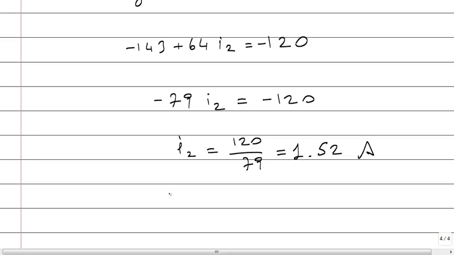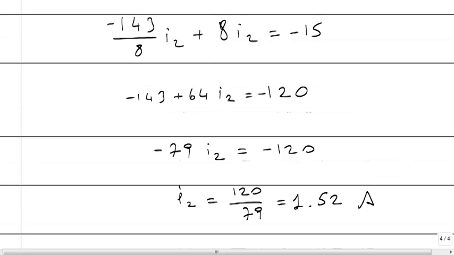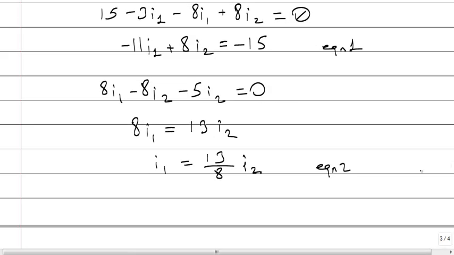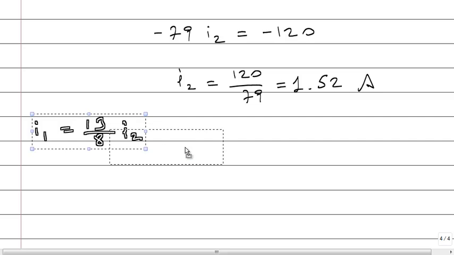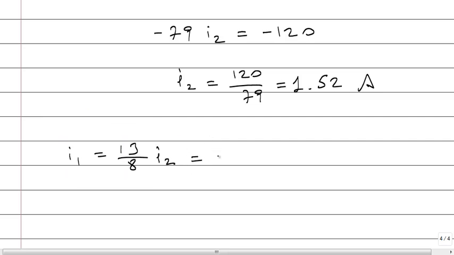Okay, so if you solve the system of equation, I2 will be 1.52, and then I1 is equal to 13 divided by 8 times I2, which is equal to 2.47 amps.